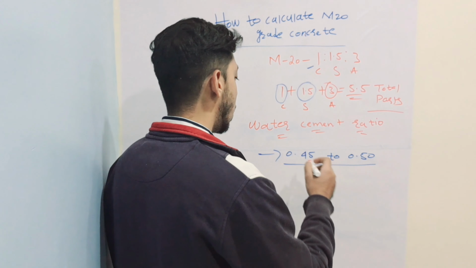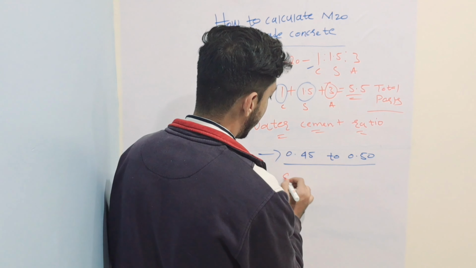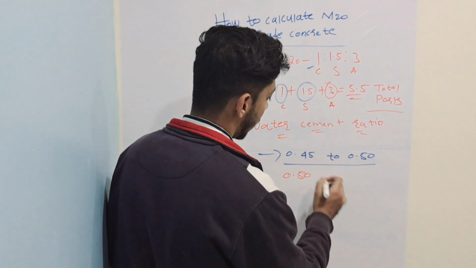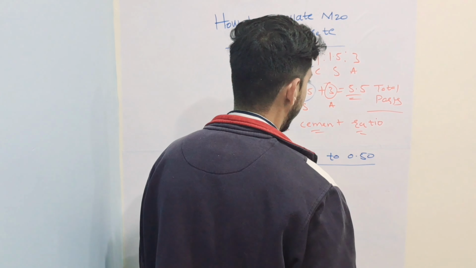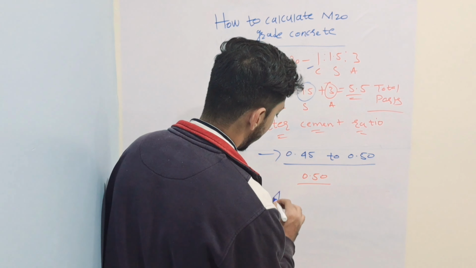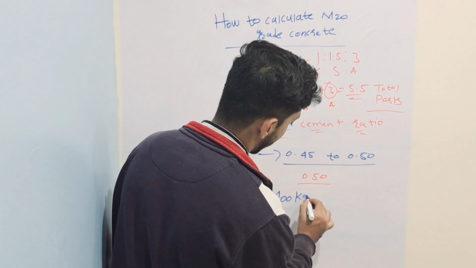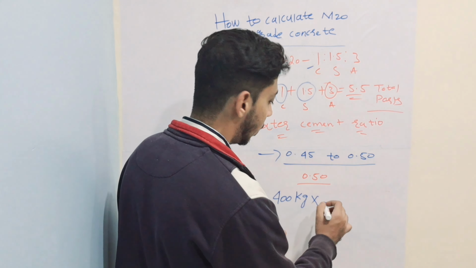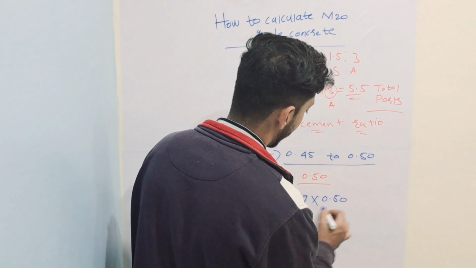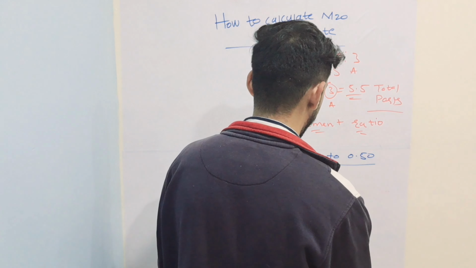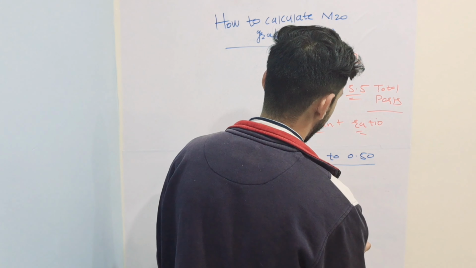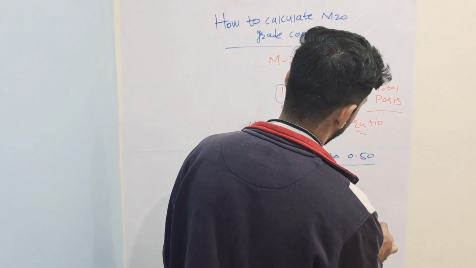I will take 0.50. So the calculation will be 400 kgs of cement multiplied by 0.50, which gives me 200 kgs, that is 200 liters.